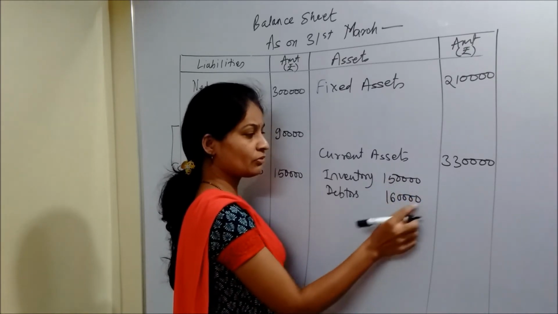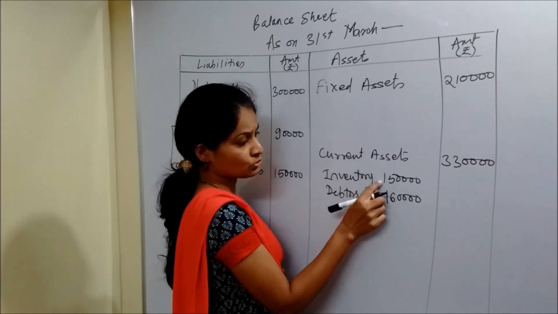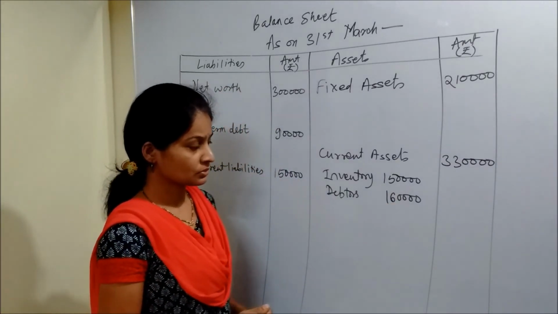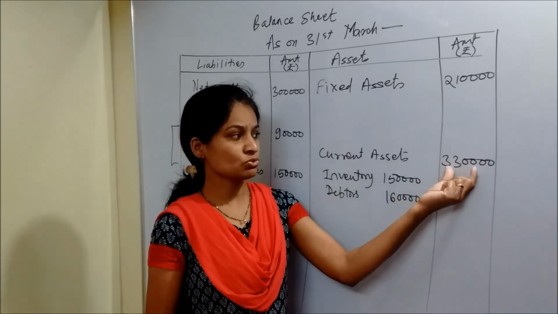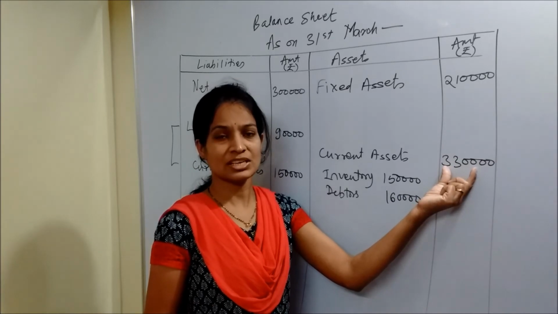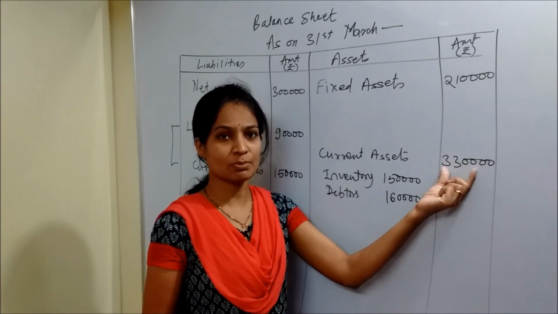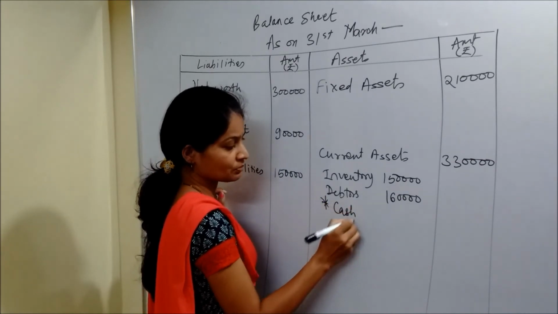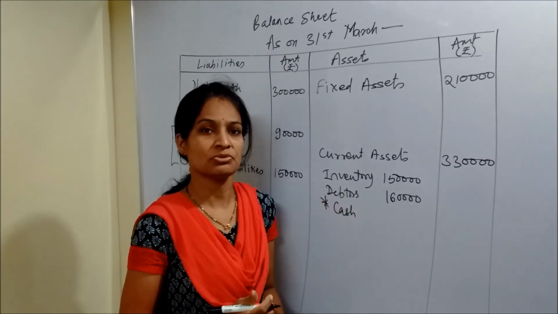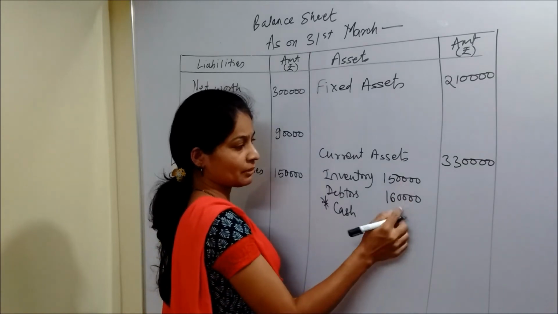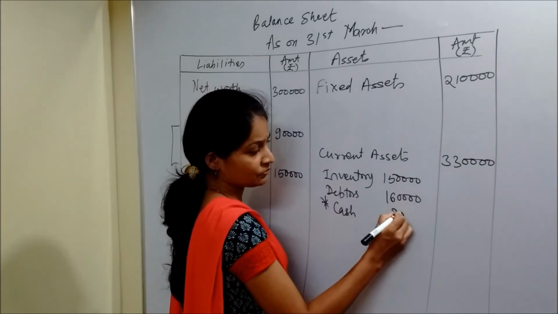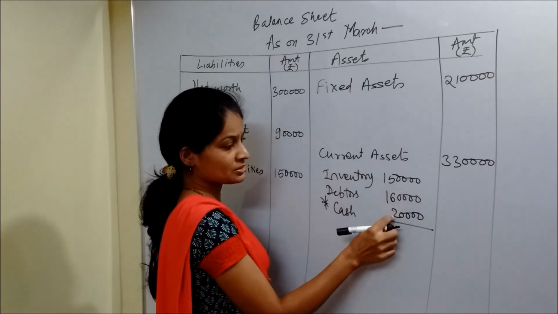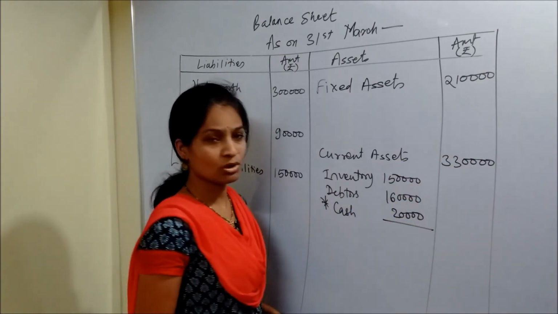If you will find out total of these two, that amounts to 3,10,000. But current assets amounts to 3,30,000. So you can easily find out there is some amount of balance missing. You can consider that as a cash balance, because cash is the main component of current asset. So the remaining balance we are adjusting here, that is 20,000. That may be the cash. So this plus this together is your total of current assets.